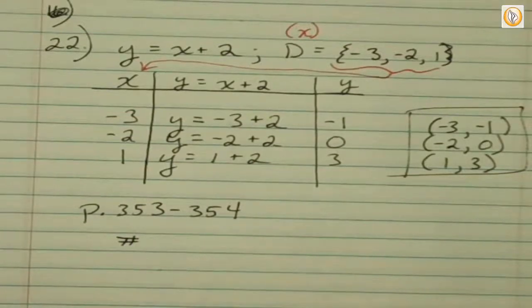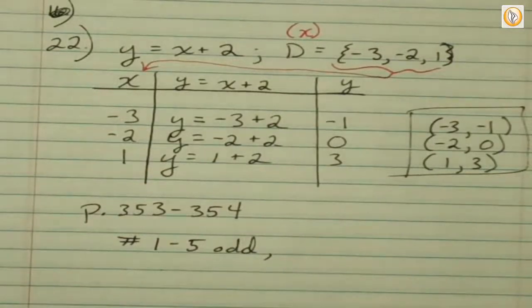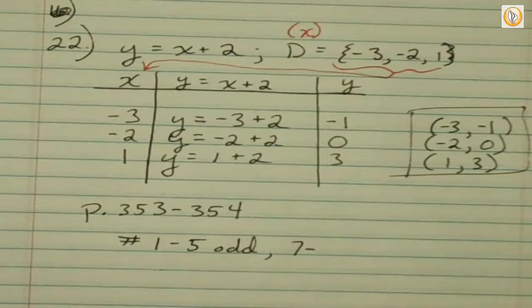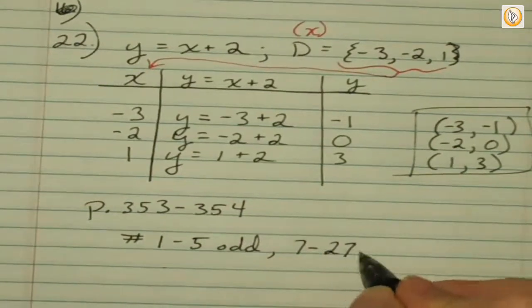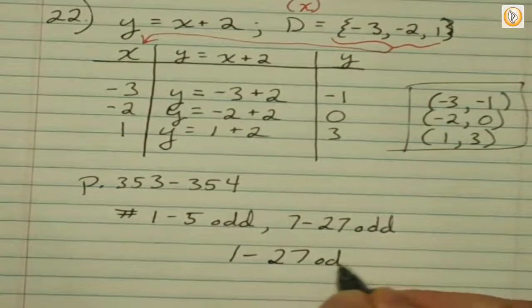You're doing numbers 1 through 5 odd, and 7 through, let's see how many that is. 14 problems. So basically just 1 through 27 odd.